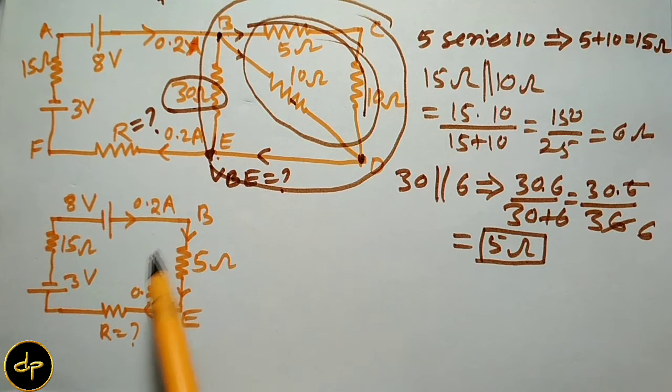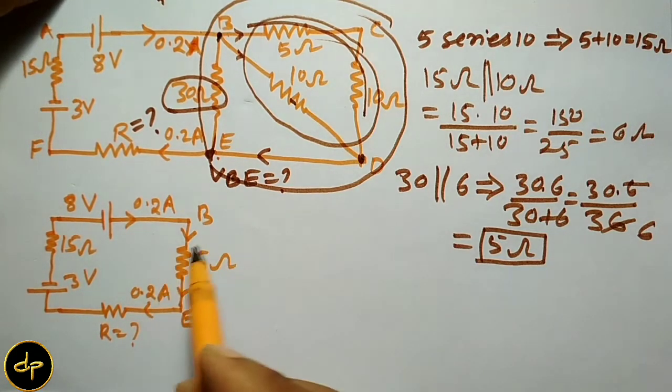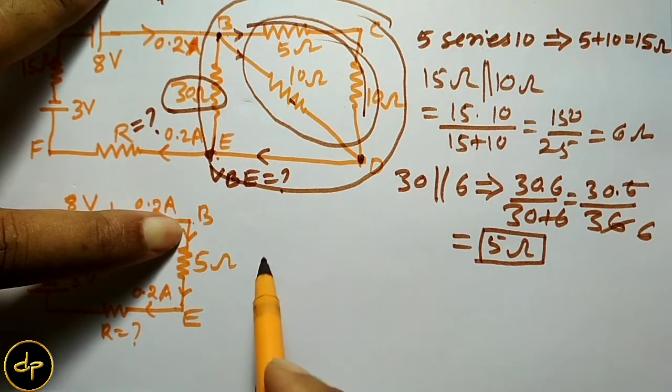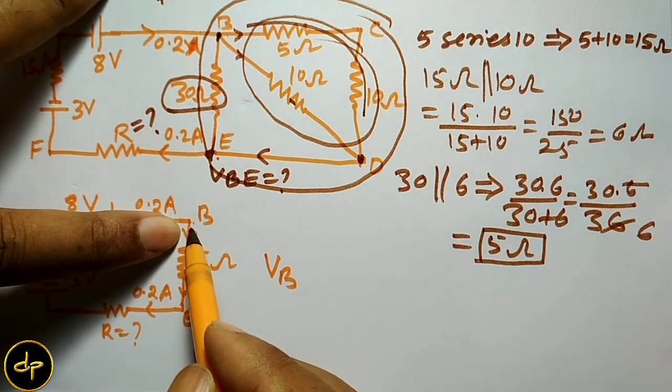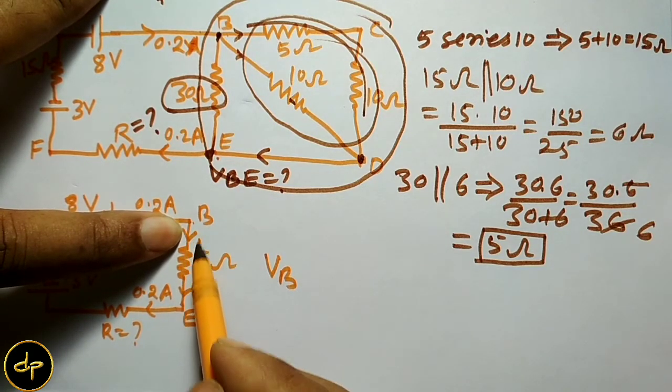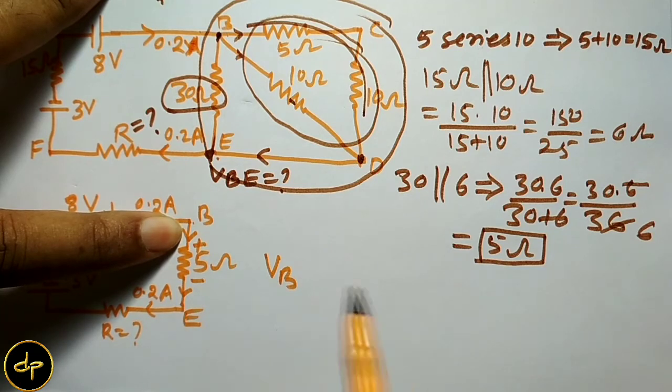We can apply the rules to find, but here directly we can find the potential difference between B and E. Let us go from B. At this point potential is VB, and then the current is going downward. It means this is positive, this is negative. So there is a drop in the potential of minus 5 into current.